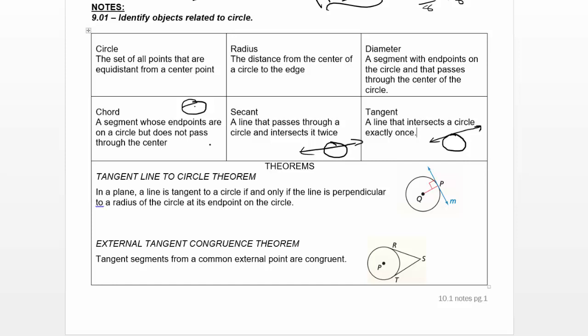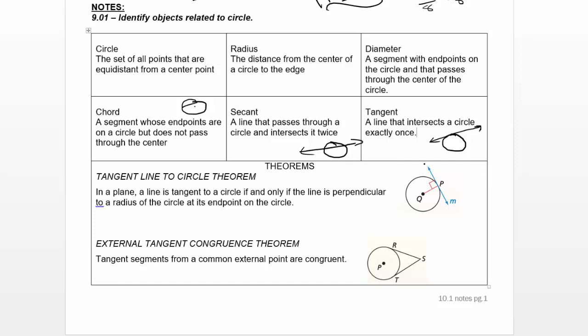Some important properties of these. There's a really nice test to see if a line is in fact a tangent and not a secant. A line is tangent to a circle if and only if it intersects the endpoint of a radius, and it is perpendicular to that radius.